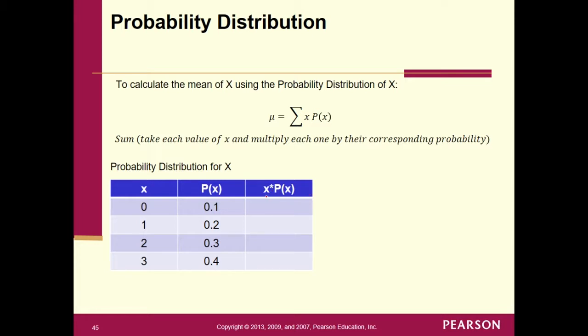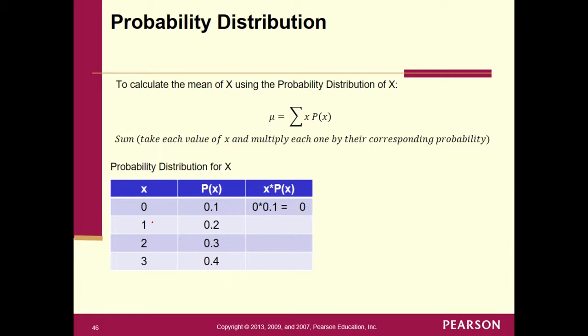X times its corresponding probability. Remember, you're going to do this for each one of the x's. This doesn't mean that there's just one x. There are multiple x's because we have a summation sign. So we start with the first x and multiply it by its corresponding probability. 0 times 0.1 is obviously 0.